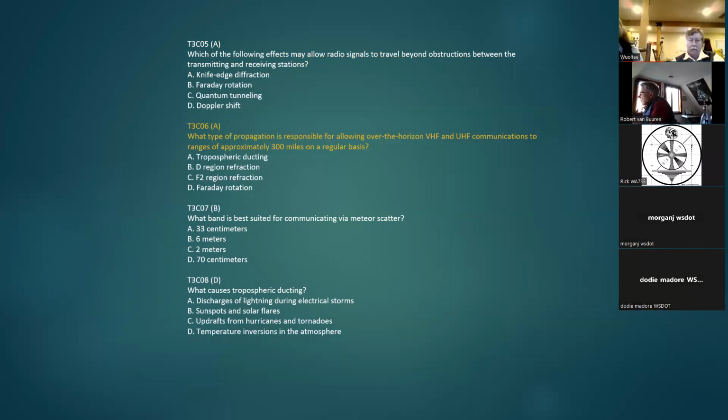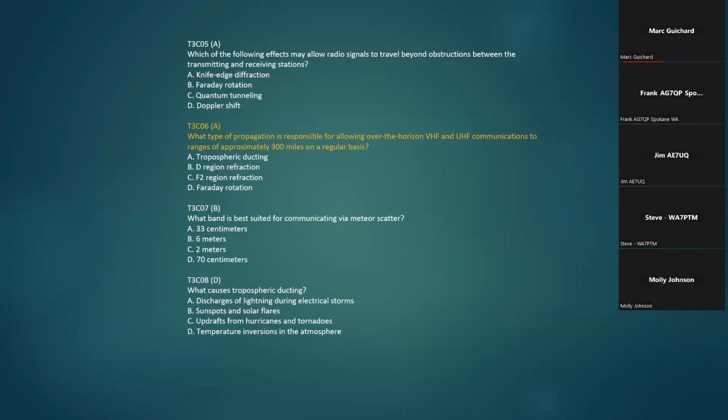C06, what type of propagation is responsible for allowing over the horizon VHF and UHF communications to ranges of approximately 300 miles on a regular basis? Again, this one is really dependent on the atmosphere.